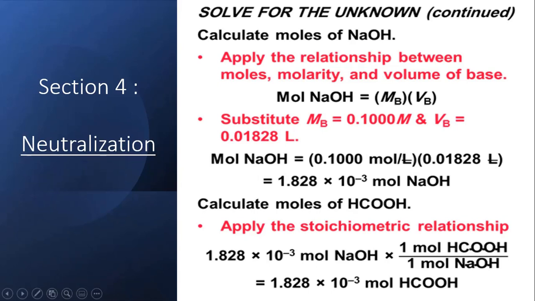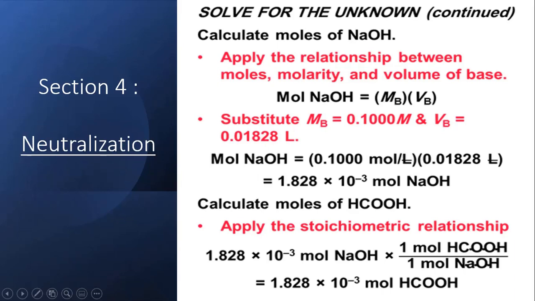We use whatever is given in the question, do the calculations, and you will have 1.828 times 10 to the power negative 3 mole of NaOH. Then you need to calculate the number of moles for the acid. It's going to be the same because the ratio is 1 to 1.